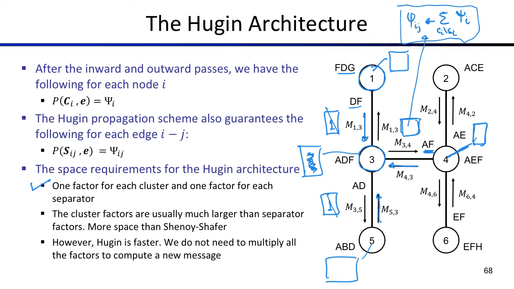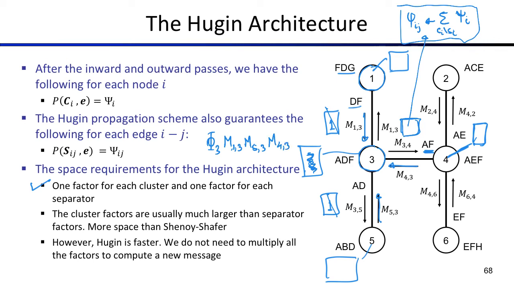So the factor of the node 3 will have all this information. So it will have the initial phi 3 and multiply it by the message that we got, 1 3. We also got a message 5 3. We also got the message 4 3.